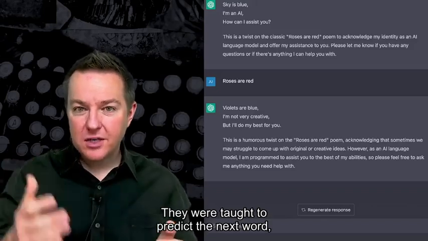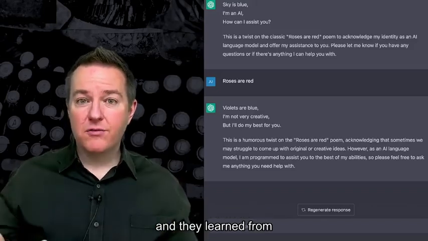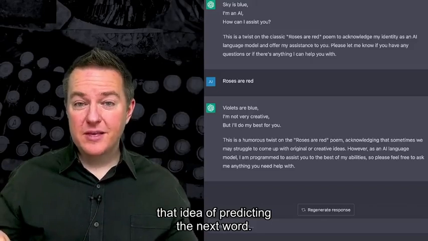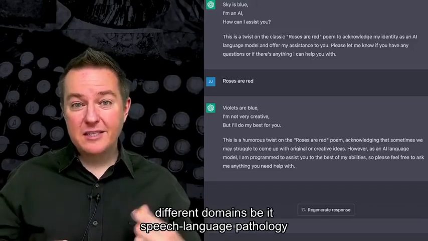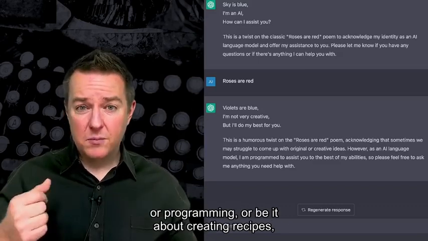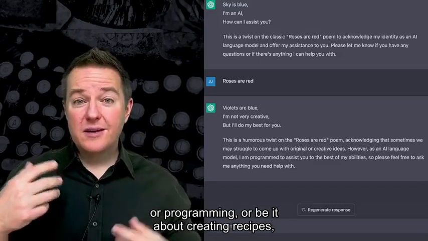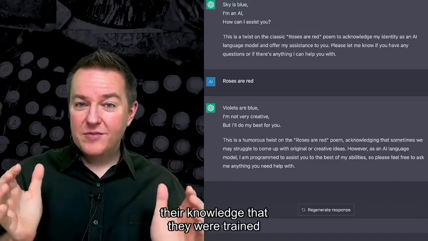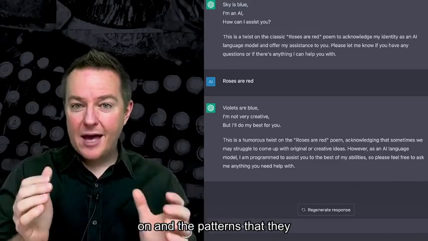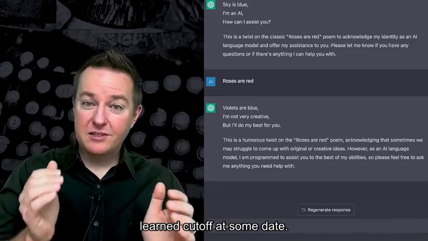So they were taught to predict the next word, and they learned from that idea. And they learned to predict the next word in the context of a lot of different domains, be it speech-language pathology or programming, or creating recipes, whatever it is. But the knowledge that they were trained on and the patterns that they learned cut off at some date.